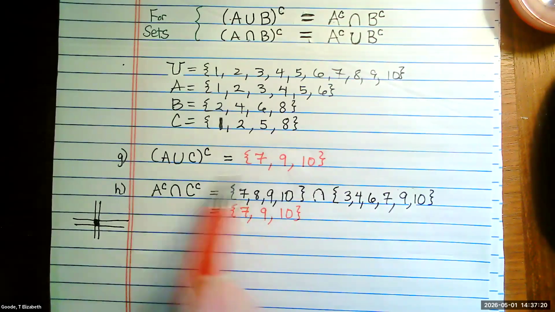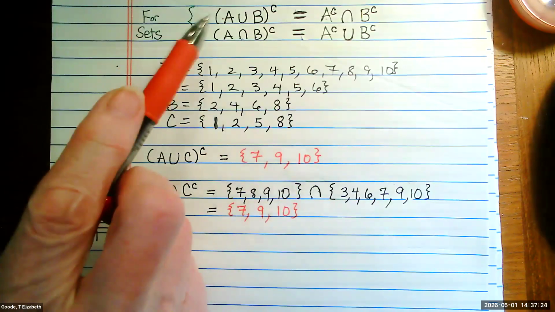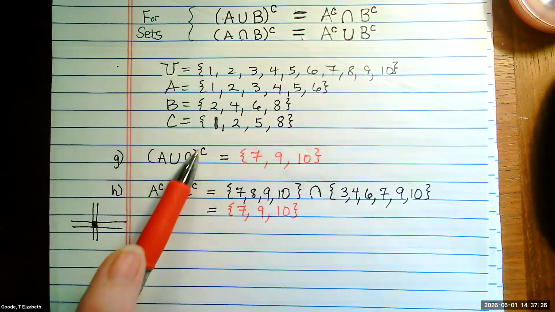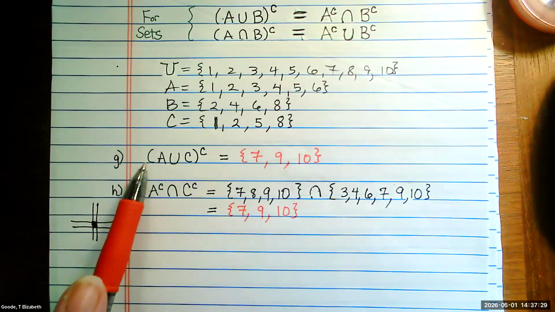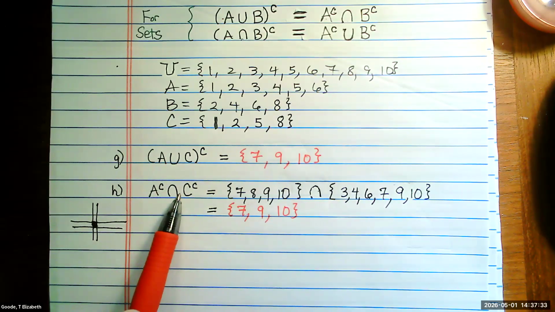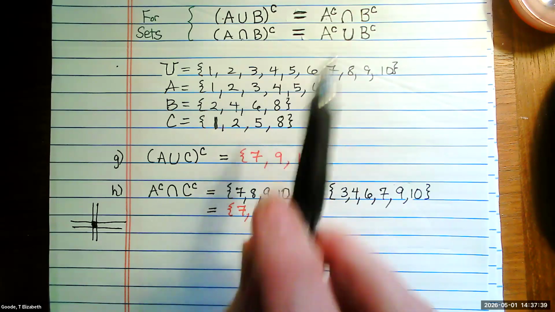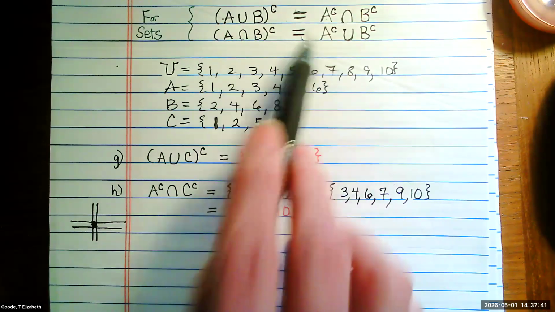And notice how these are the same, because this is the first De Morgan's law at work, where the complement distributes across the union, and we get the intersection of the complements. All right, so now let's play the game with the other De Morgan's law.